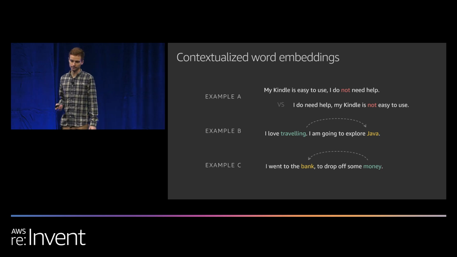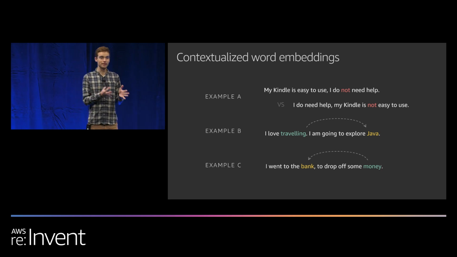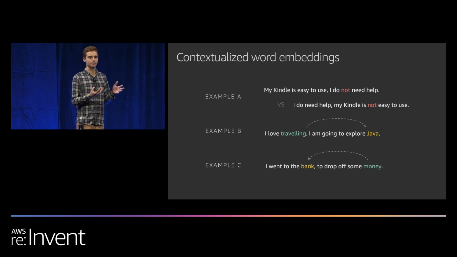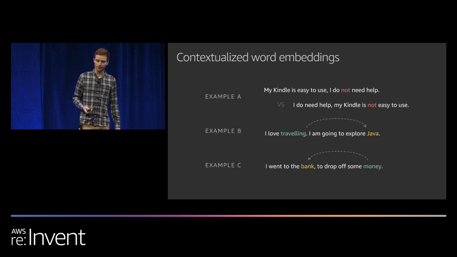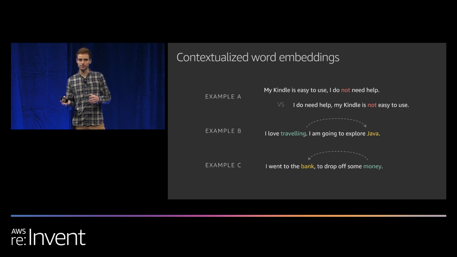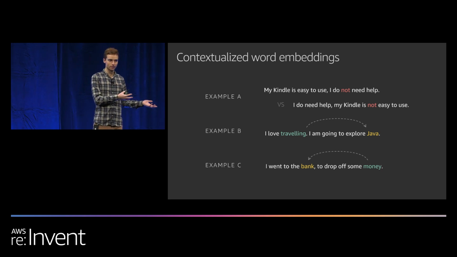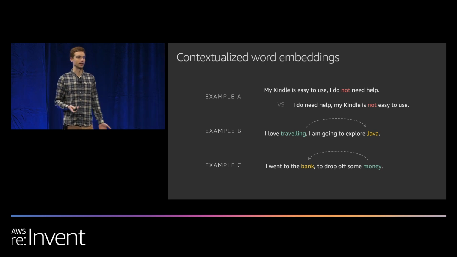Another example, example B, when we're trying to establish what a word means to be averaged in some kind of sentence embedding, well, that depends on context. So here, when we're trying to work out what the word Java means, well, that depends on the fact that we've seen traveling before. So it's more likely to mean the island than the programming language, for example.